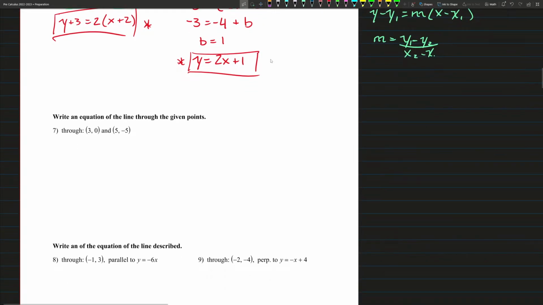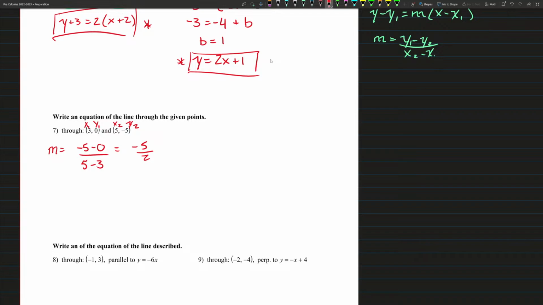Okay, given 2 points, the first thing we should always find is the slope. So if we do y2, we can label these first, x1, y1, x2, y2. So we do y2 minus y1, so negative 5 minus 0 over x2 minus x1, so 5 minus 3. We get negative 5 over 2. So that's our slope.